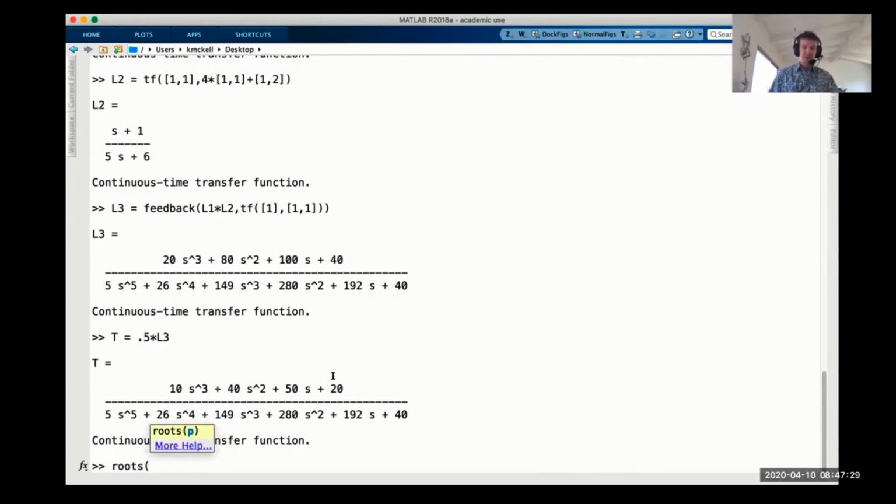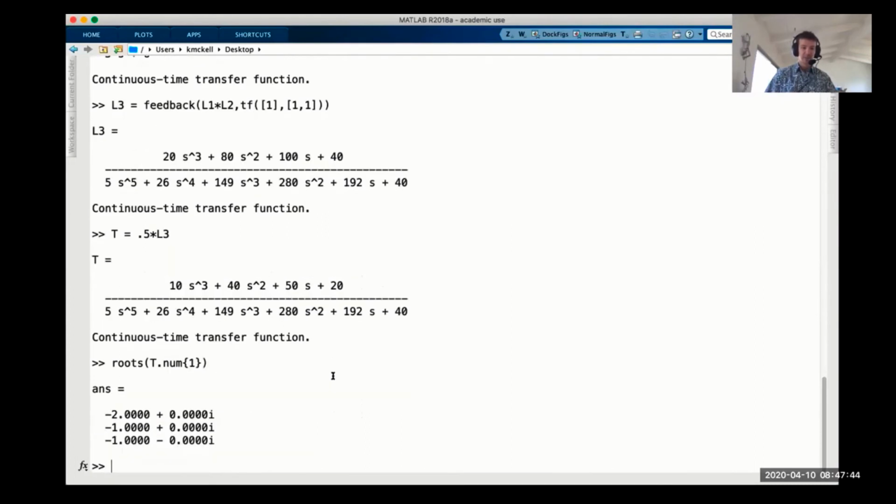And roots takes an array as its input. And remember that array is the coefficients of the polynomial that you're trying to solve. And so to access the numerator array, I have to say t.num curly brace 1. So this tells me that there are zeros at -2 and 2 zeros at -1.